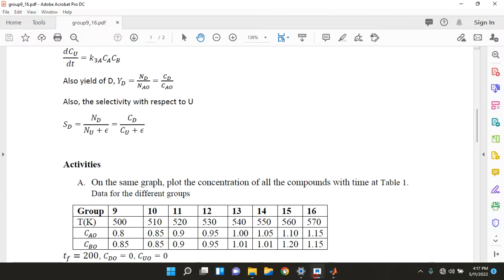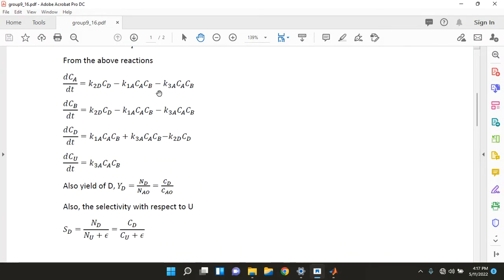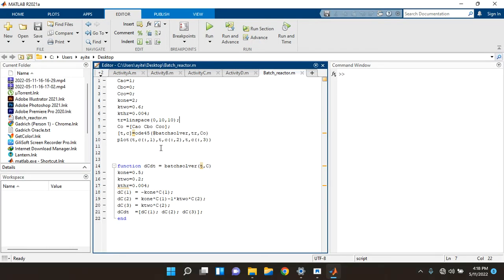Because we are dealing with 4 differential equations and 4 different constants in terms of the concentration, as in C: the concentration of A, the concentration of B, the concentration of D, and then the concentration of U. So these are 4 concentrations that we are going to get as the output from the C part of the MATLAB script.